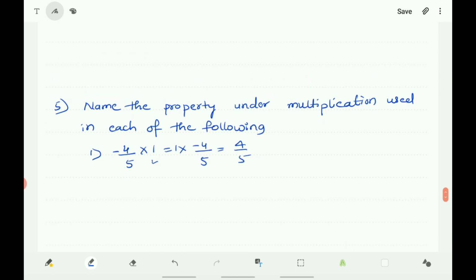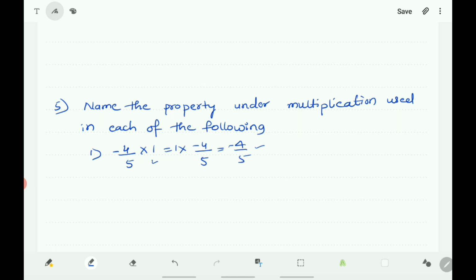Next, name the property under multiplication used in each of the following. The first one is minus 4 by 5 into 1 is equal to 1 into minus 4 by 5 is equal to minus 4 by 5. Here minus 4 by 5 into 1 is equal to minus 4 by 5, and also 1 into minus 4 by 5 is equal to minus 4 by 5.